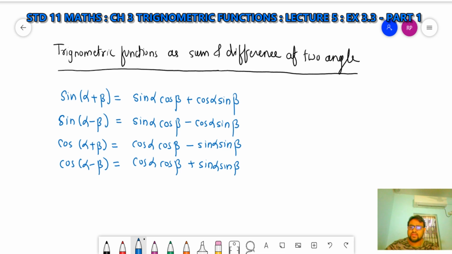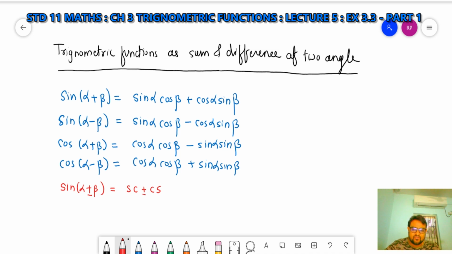Okay, now a technique to remember: in short, sine alpha plus minus beta is equal to SCCS, the same sign, plus plus minus minus. SCCS means the first angle will always be alpha, the second will always be beta.